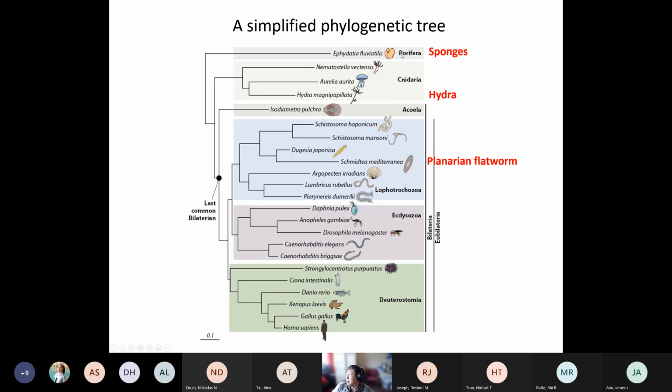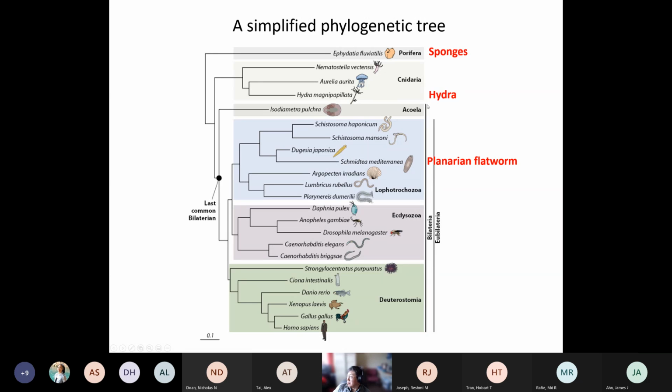They belong to the phyla Porifera, and then Hydra belongs to this branch that is closely related to sponge, but a little bit higher in terms of evolution. So that's Hydra, and then planarian flatworm is a lot more evolved. I can't read the name here. It's Latin. It's one kind of planarian flatworm, but this is still invertebrate.